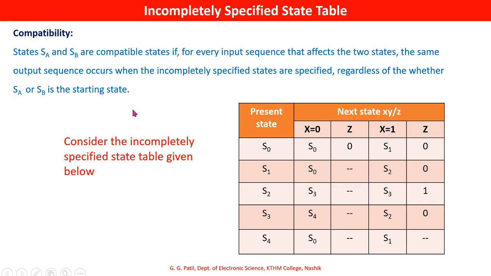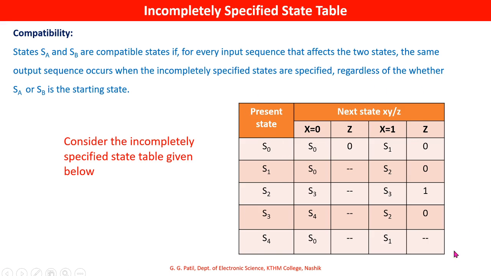So, in compatibility, we can say the two states are compatible if their outputs are the same, and which state is the starting state is immaterial. Let us see an example of an incompletely specified state table.